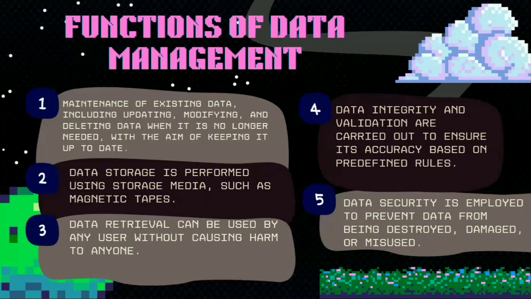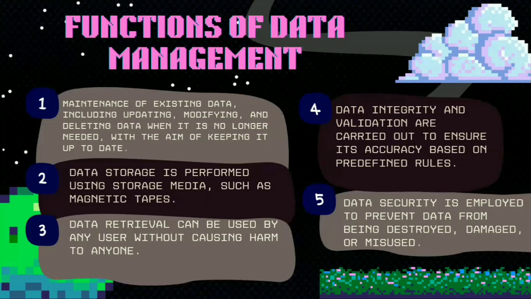Next, the functions of data management. We have 5 points. First, maintenance of existing data, including updating, modifying, and deleting data when it's no longer needed, with the aim of keeping it up to date. Second, data storage is performed using storage media such as magnetic tapes. 3.